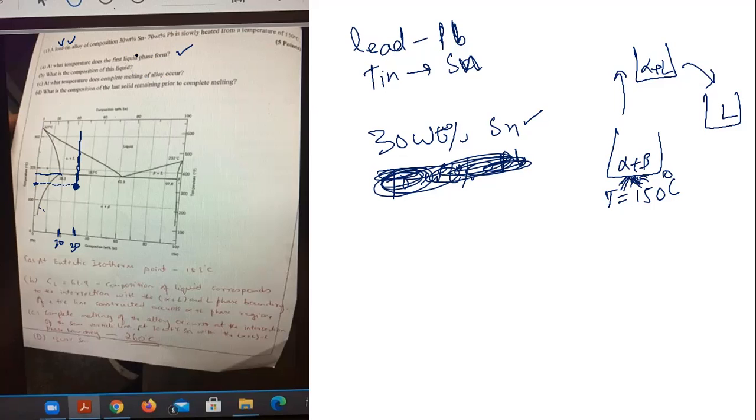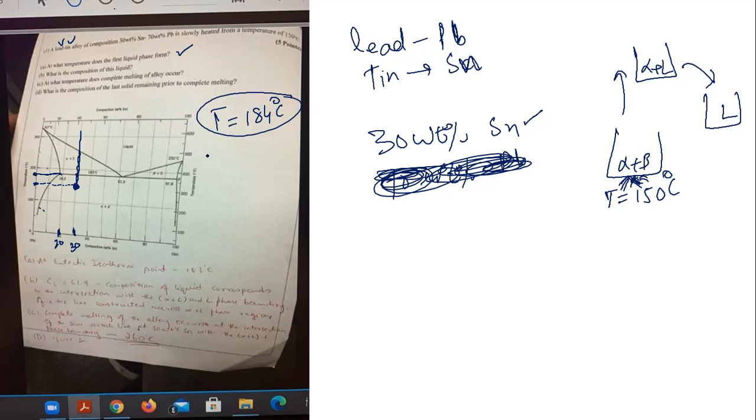Okay, so it is the liquid phase here. It is almost close to 180, 182, 184. Okay, so the temperature is 184. For part A, our answer is 184, for the first liquid.